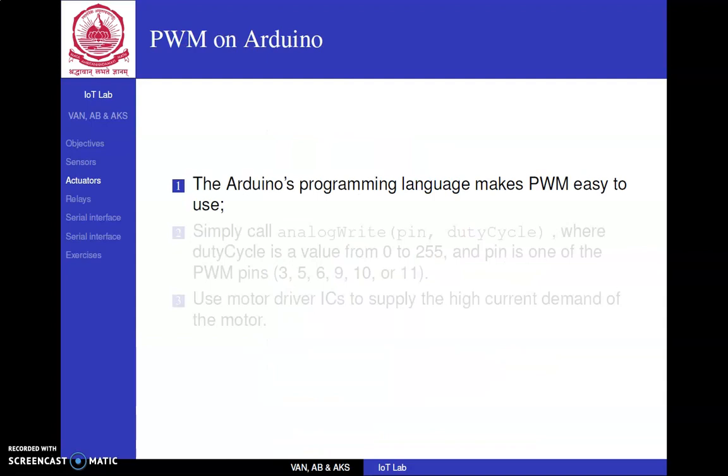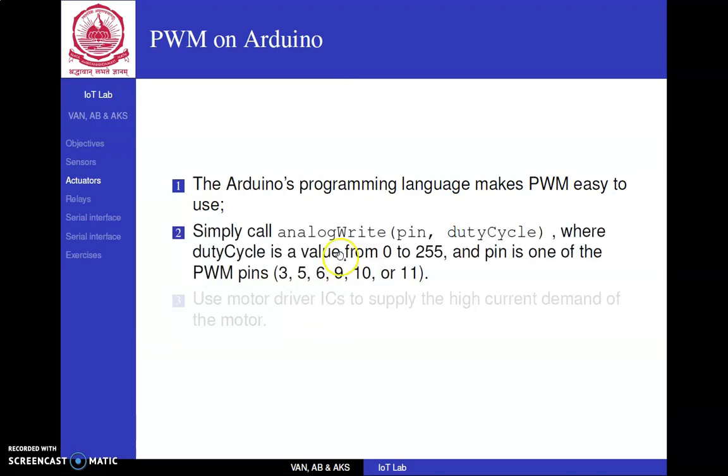The Arduino or any single board computer that is available in the market has dedicated PWM pins. All you have to do is call the analogWrite function, specifying the pin and the duty cycle. The duty cycle is a value from 0 to 255.